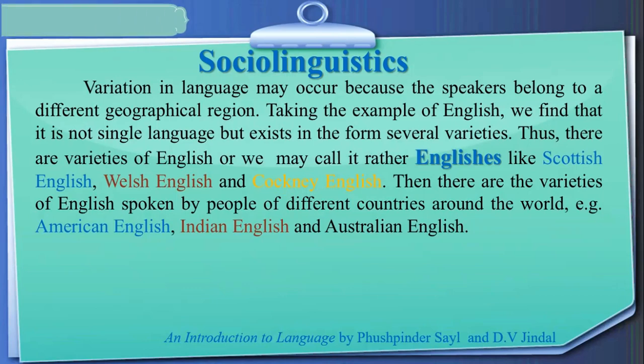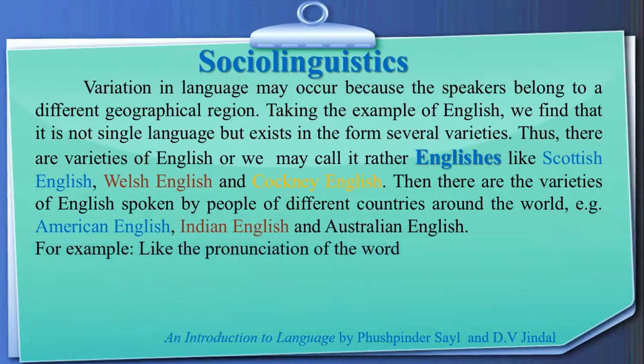Here we are talking about the variations and varieties of languages, the forms of the English language. Thus, we call English Englishes. English, certainly, is a wrong noun to use in the plural, but here we use it to emphasize that English has different forms, varieties, or variations in different countries.